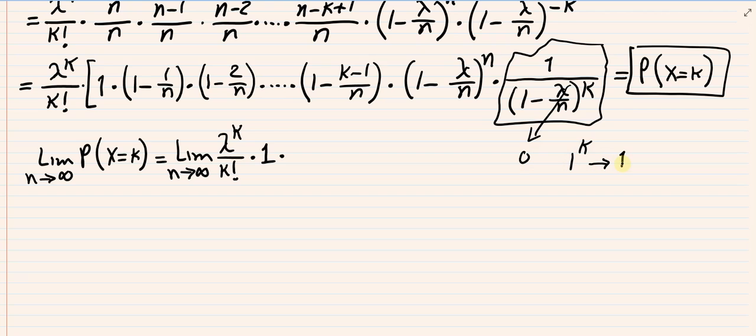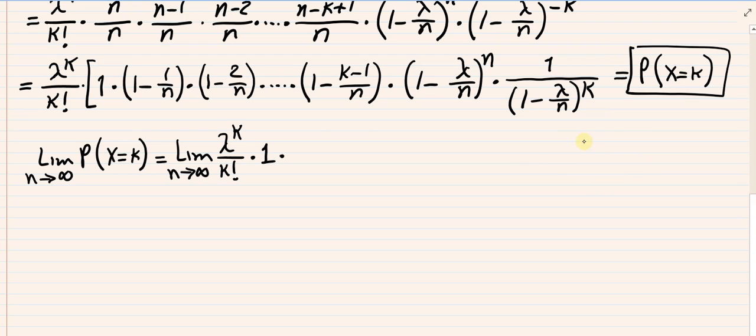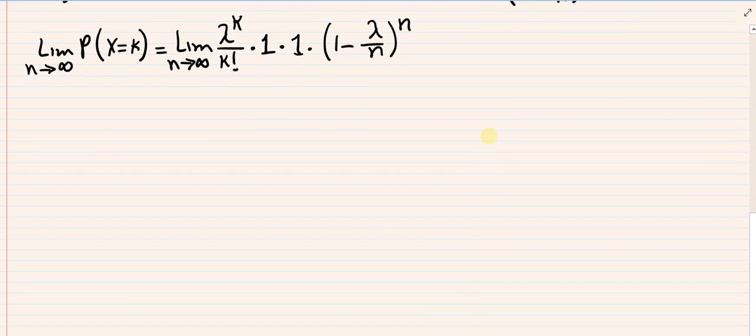The limit of that expression is also going to approach 1. Okay, so that's times 1. The question is, I still have to put 1 minus lambda over n to the n. We've got to do that limit. Okay. Now, let's actually take a look at that limit.